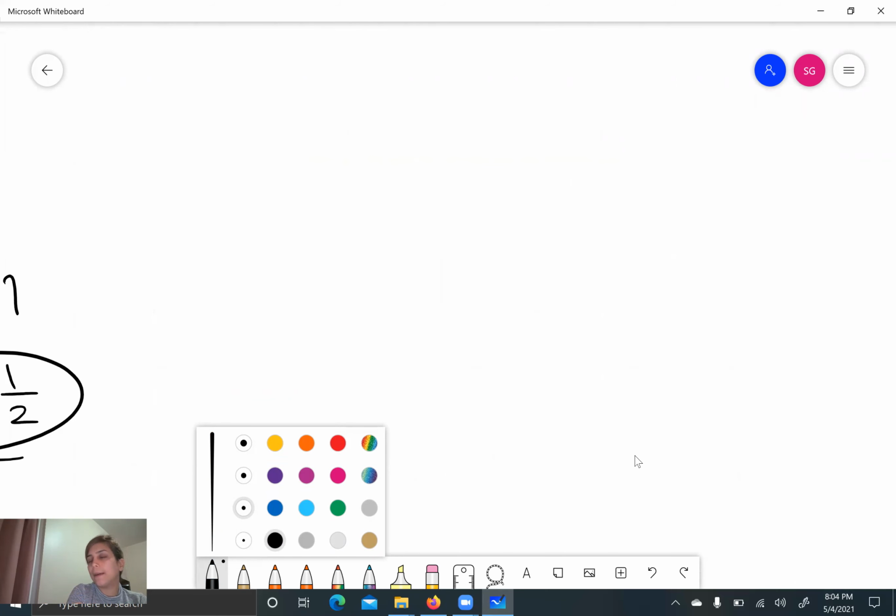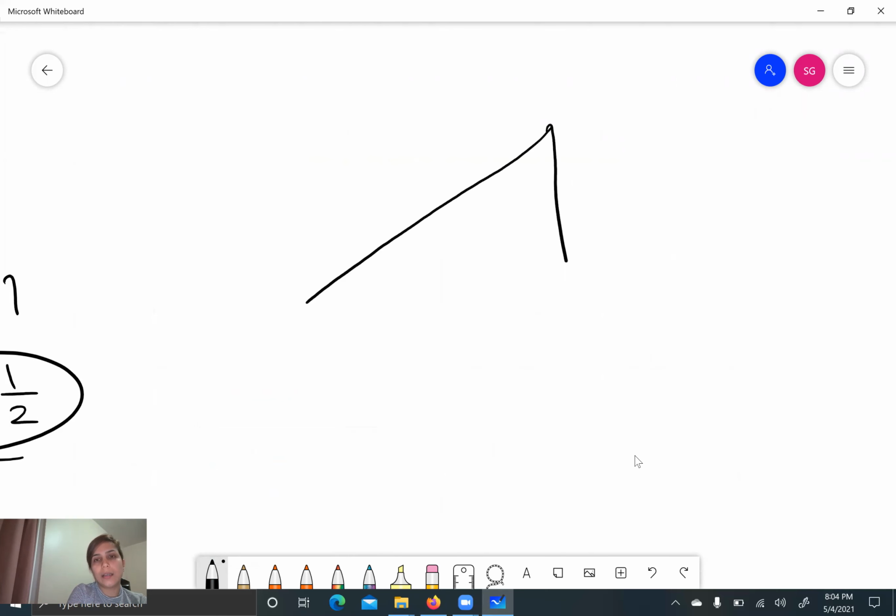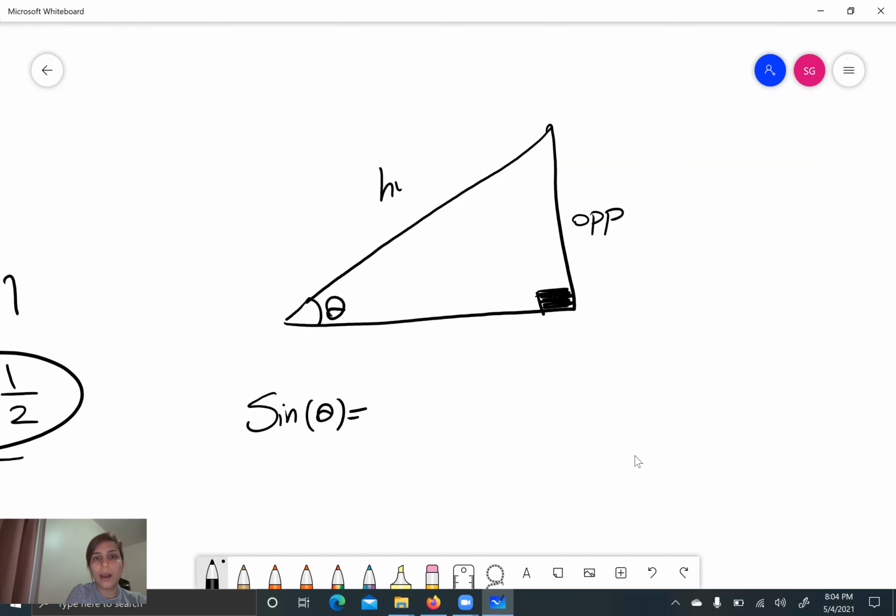Do you remember I told you that when you have a right triangle, so I'm not drawing the circle anymore, just the right triangle, if this is theta, then we define the sine of theta to be the ratio of the opposite side over the hypotenuse side.